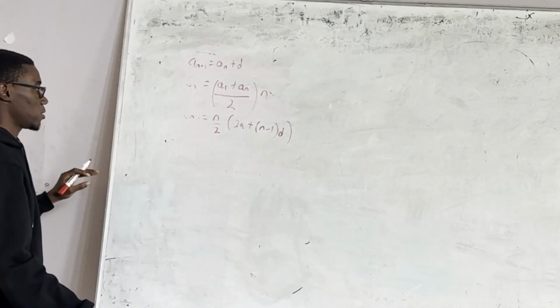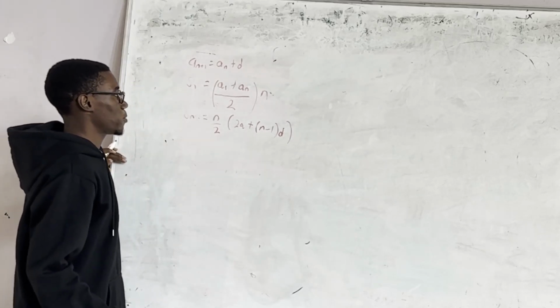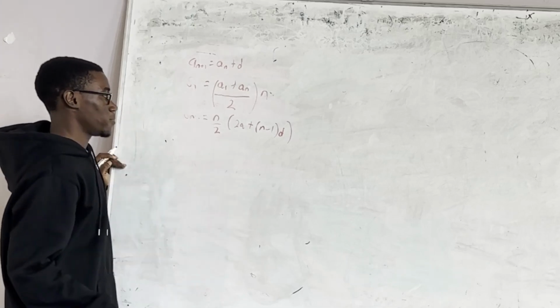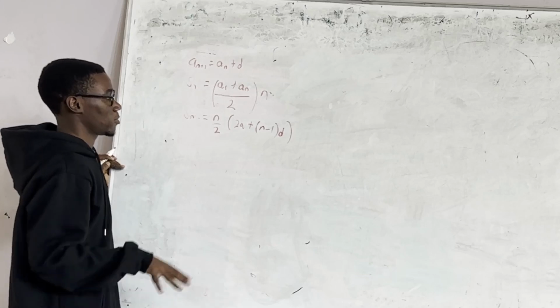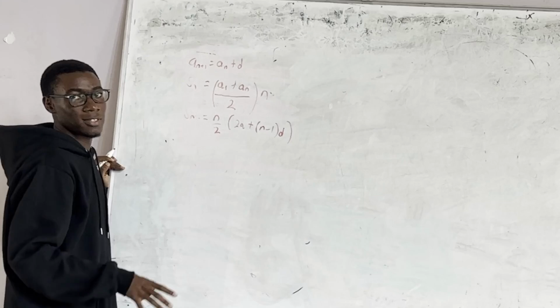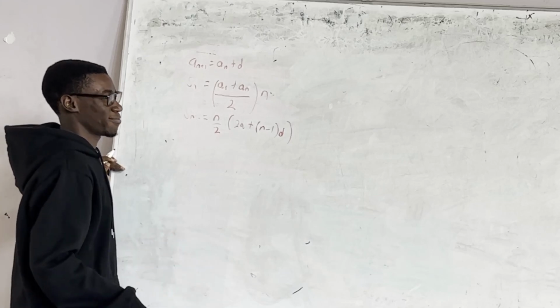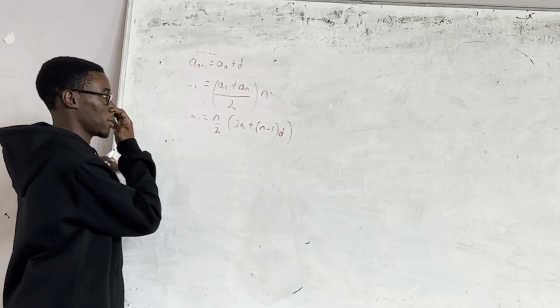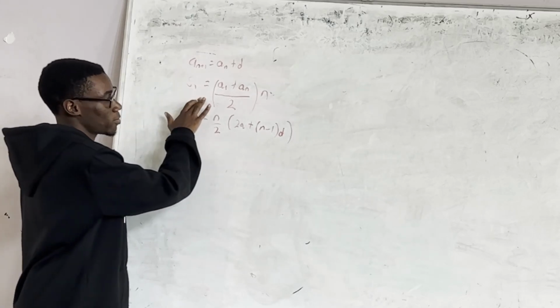If you're required to find the sum of n terms and you're given the common difference, usually use this. And if you're given the last term, that is definitely a finite series. Even this can apply for finite series, but most commonly we prefer to use this.